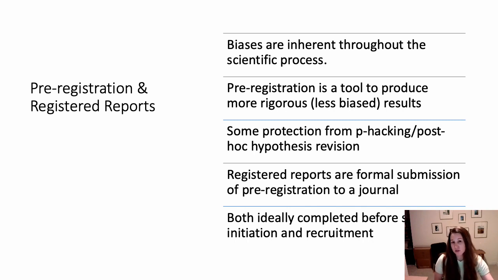Pre-registration will help us to reduce p-hacking and maybe post-hoc hypothesis revision. If you have pre-registered and said, this is the analysis plan that I'm going to implement, then you're less likely to go back after the study is done and say, oh, you know what, I'm actually going to do this analysis instead.